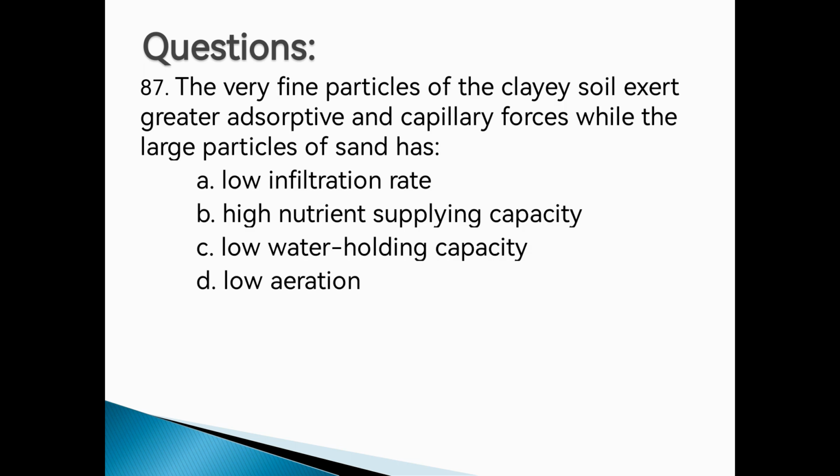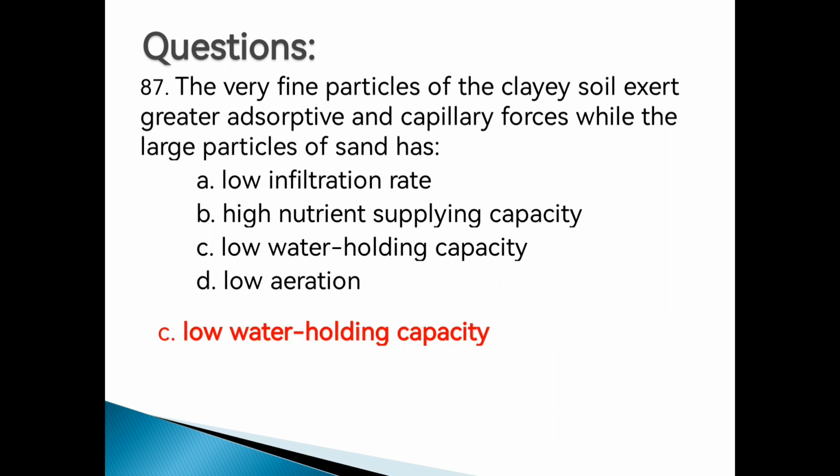The very fine particles of the clay soil exert greater absorptive and capillary forces, while the large particles of sand have: A. Low infiltration rate, B. High nutrient supplying capacity, C. Low water holding capacity, D. Low aeration. The correct answer is C.